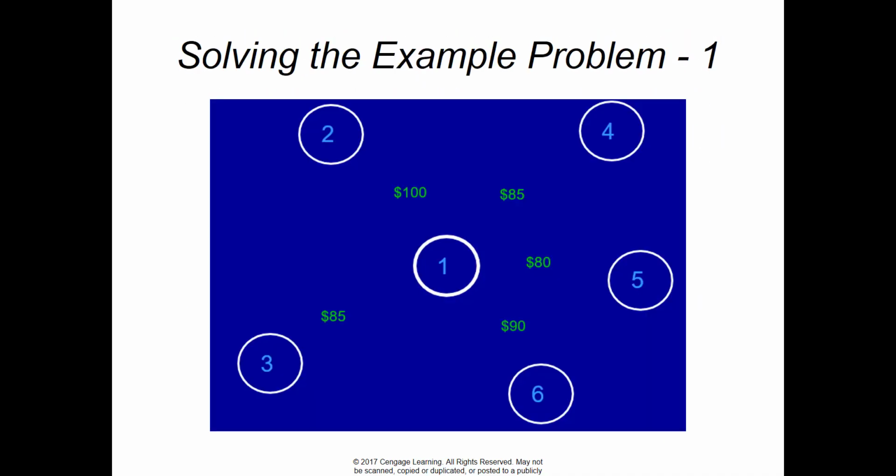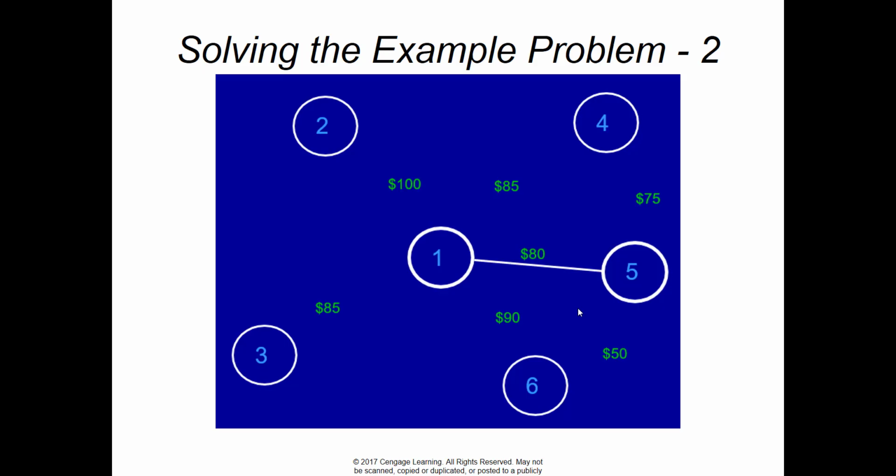So let's start again with another node. Let's say we are selecting node 1. Node 1 is connected to nodes 2, 3, 4, 5 and 6, and you can see the minimum cost is for node 5, so 1 to 5 costs 80, and we can connect this node.